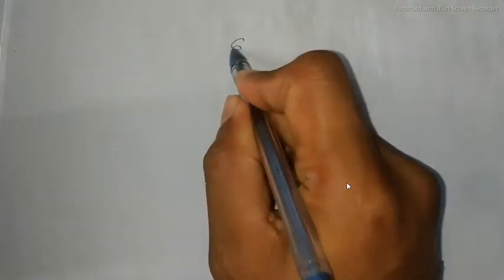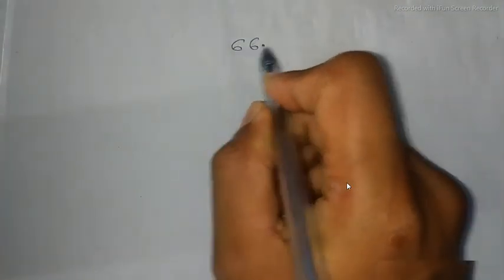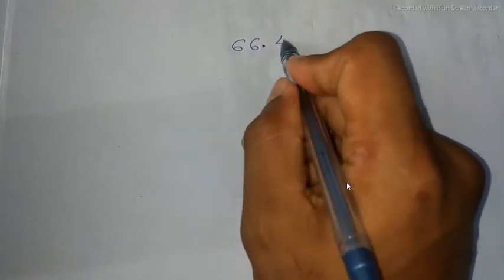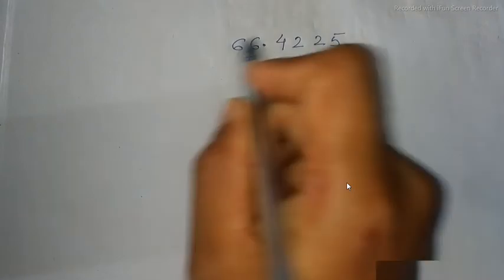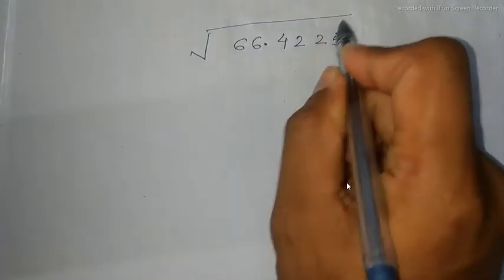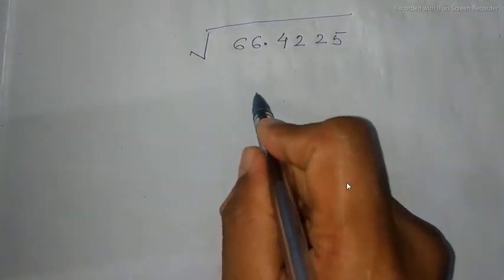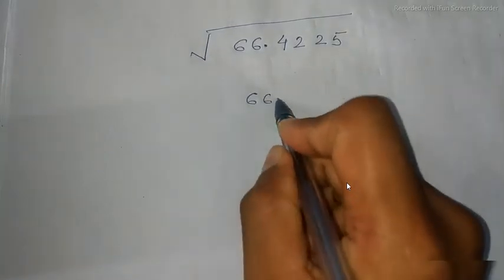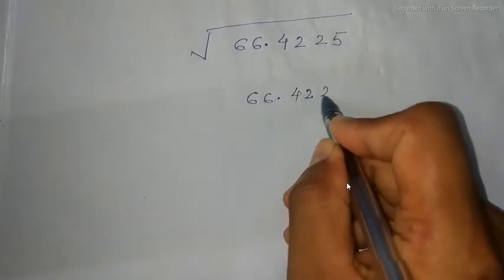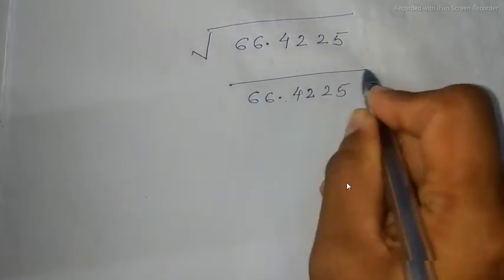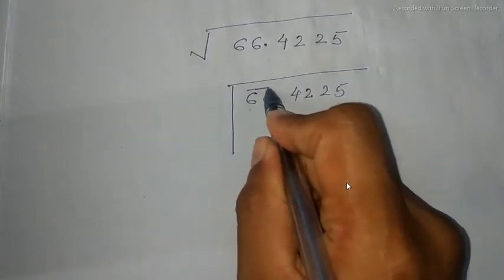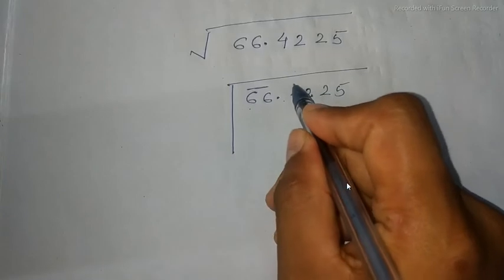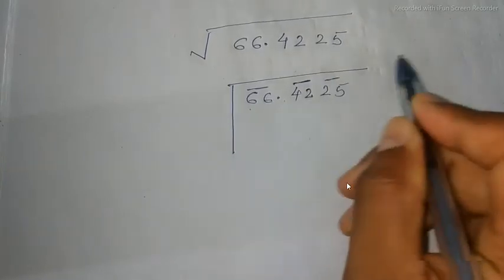So let us take another example. 66.4225. We have to find the square root of this number. 66.4225. So this is the first pair of the integral portion, and in the decimal portion, one pair, two pair.